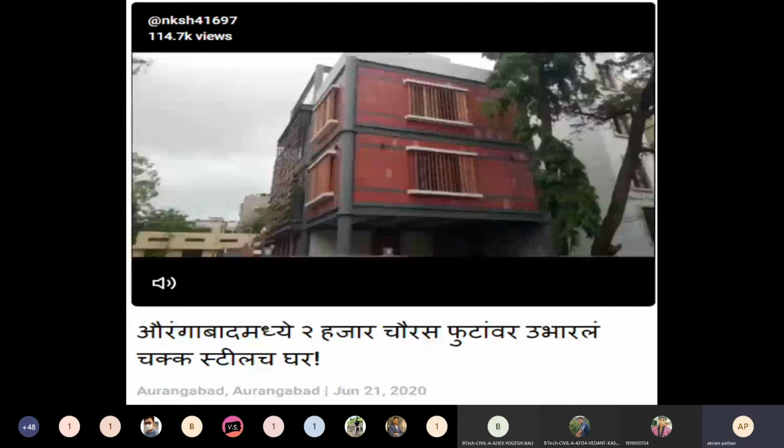Concreting of all 3 floors was done in a day, which is a record in itself. So if you use these kinds of techniques, then definitely a house can be constructed in only 8 days. So this is the scope and challenge in front of us in modern construction.